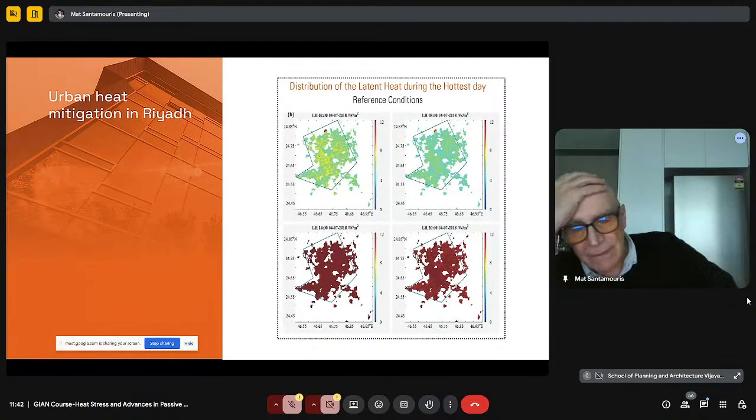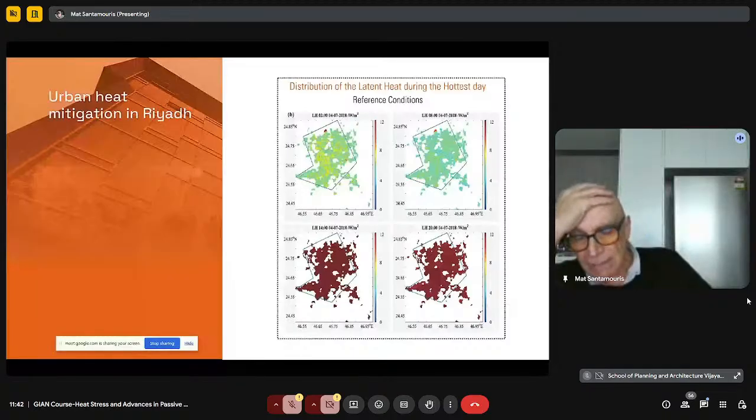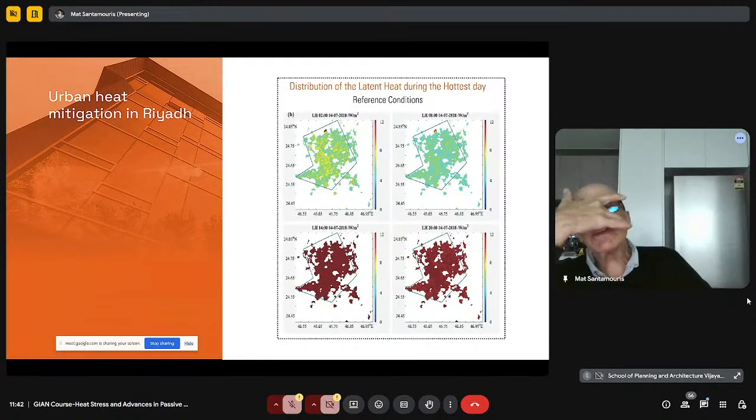If you remember, the sensible heat released during, for example, noontime in Riyadh was close to 150 watts per square meter. The losses, the latent heat, is just 12, 1/10 of it, even lower, which means that we have an excess of heat gains and we don't have enough heat losses.